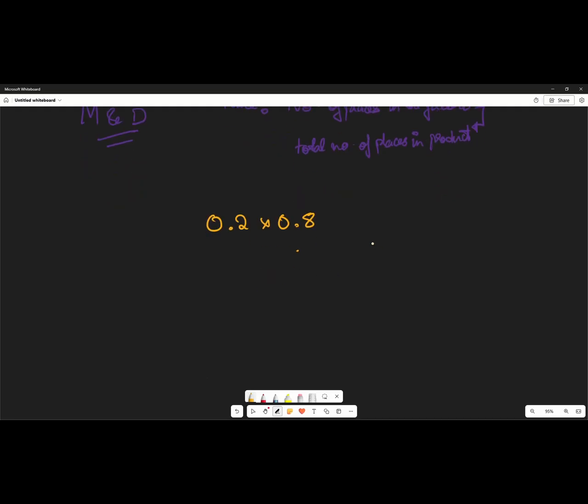Now you might think all you have to do is 2 into 8, which is 16, and then you might think the answer is 1.6, but this is wrong. The answer is 0.16 because there is one decimal place here and one decimal place here. So 1 plus 1 is equal to 2 decimal places. So 0.16.